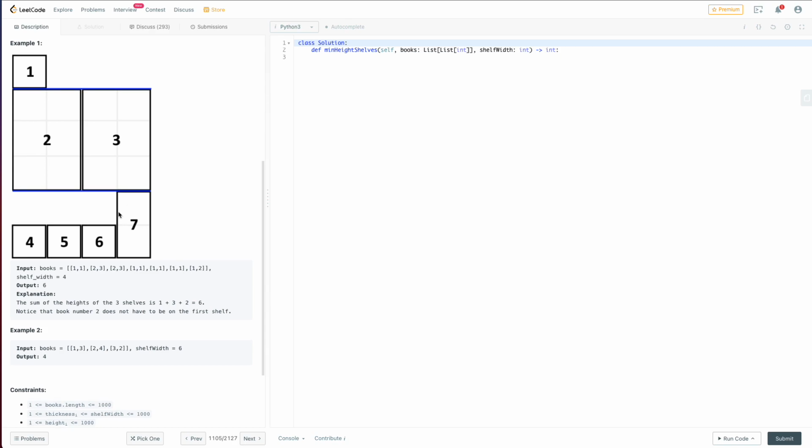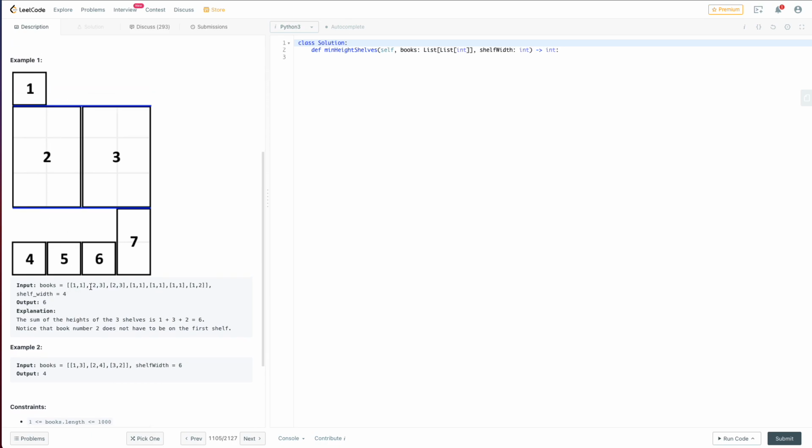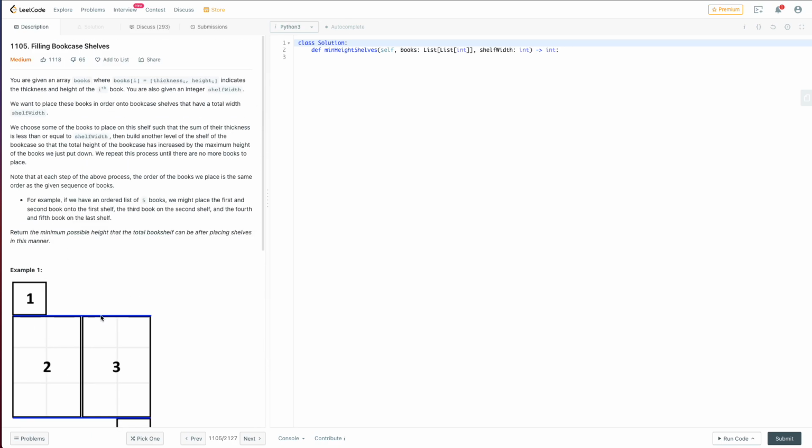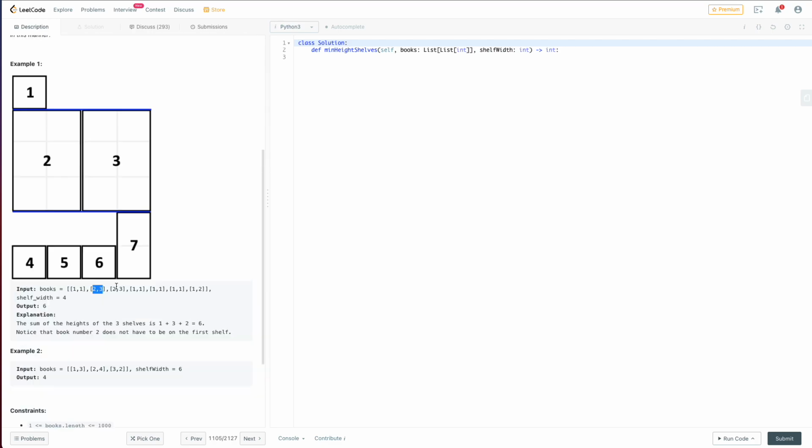Interesting. 1, 3, 2, 4, 3, 2. So 1. It's width and height. Okay.